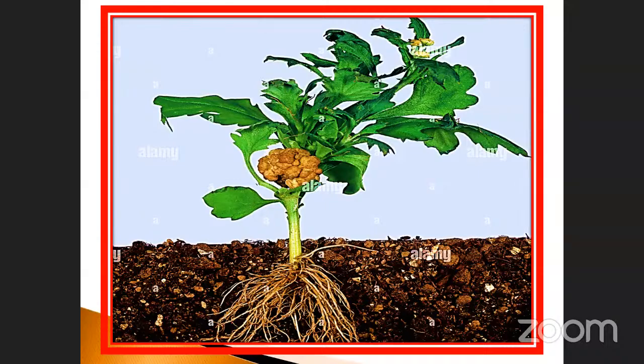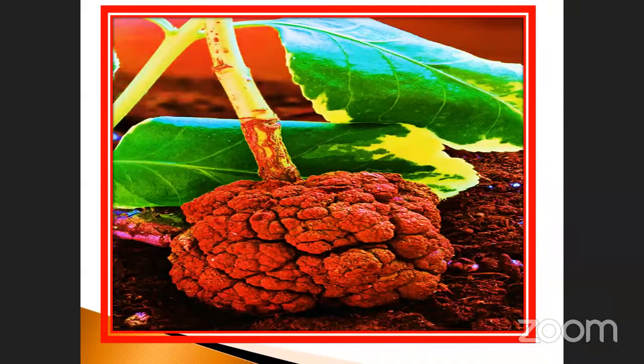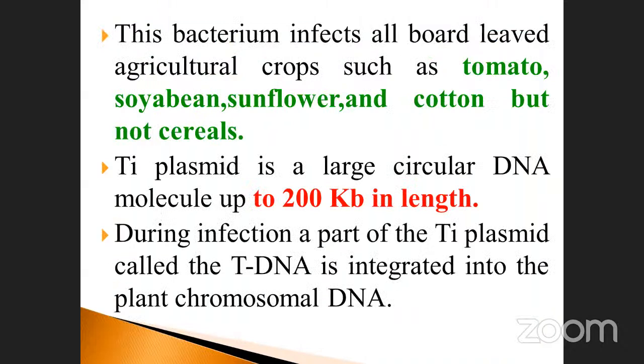That is the reason. See, this is the plant with the crown gall effect. This is a croton plant, I think, and many plants have such effects. This is the effect due to tumefaciens. This bacterium infects both leaves and agricultural crops such as tomato, soybeans, sunflower, and cotton, but not cereals.